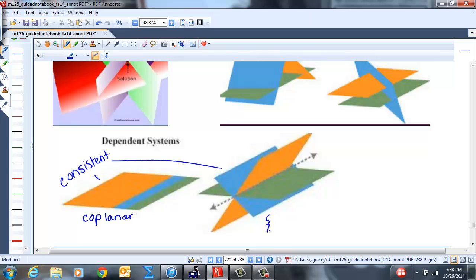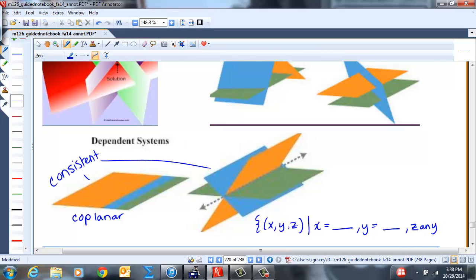So you basically would have a solution where you'd have x, y, z such that x is equal to something in terms of another variable, y is equal to something in terms of another variable, and then this time z would be any real number. All right, so those are a little bit more complicated, but still doable.